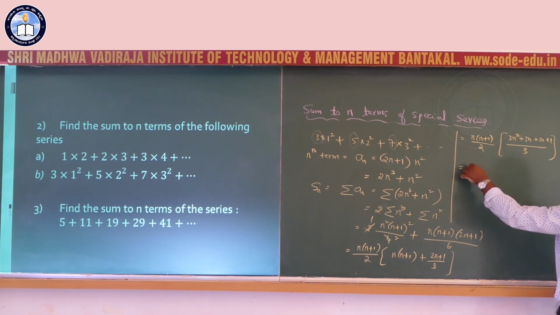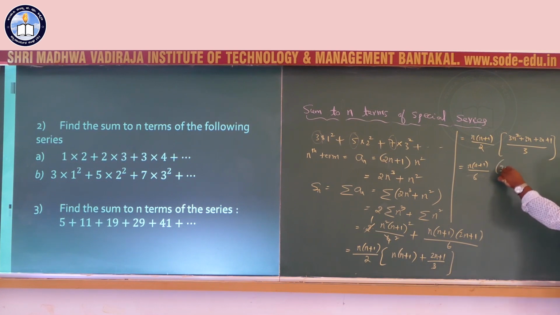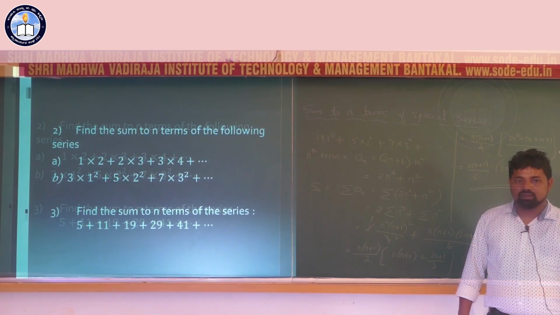That is equal to n into n plus 1 by 2 by 6, 2 into 3, 6, into 3n square plus 5n plus 1. That is the sum to n terms of the given sequence.